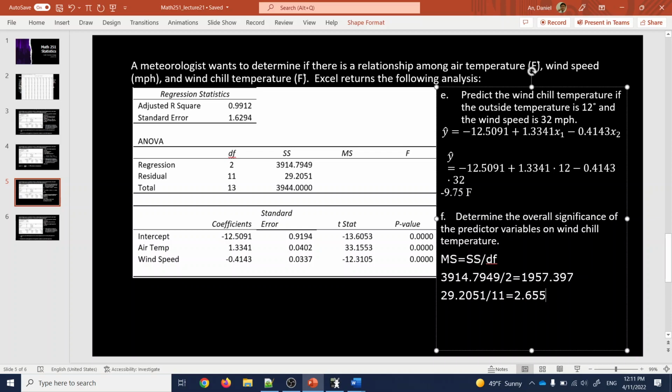P-value, we're far from there. So I just told you what to put on the MS. I'll just copy this.